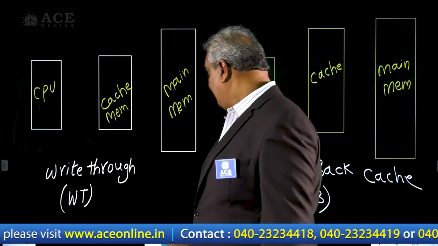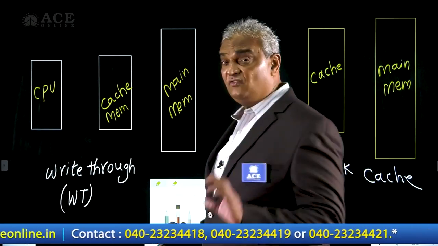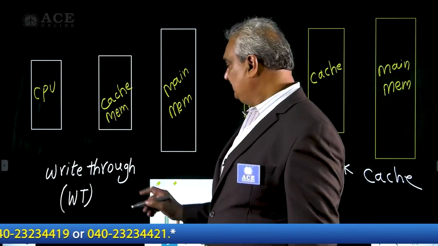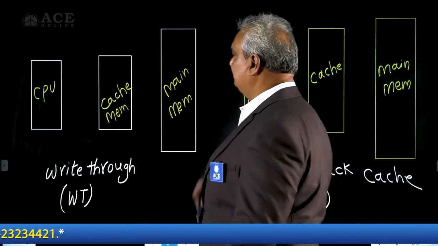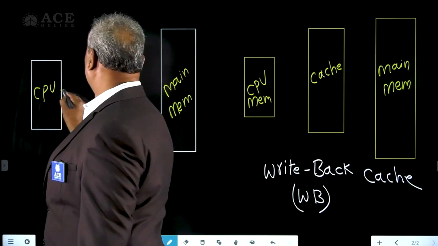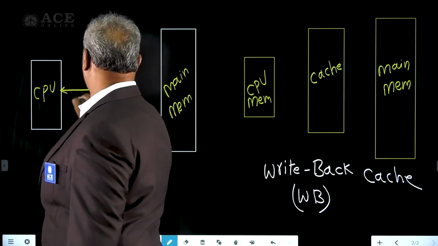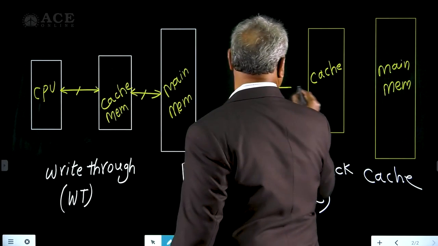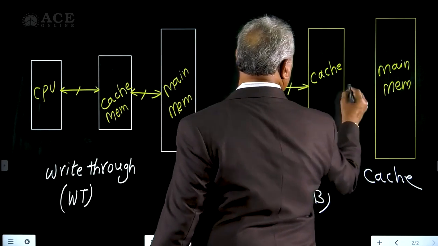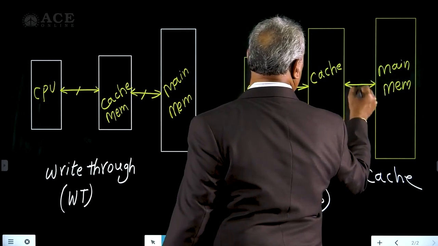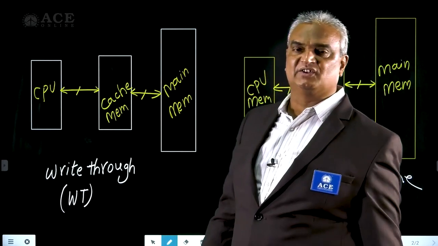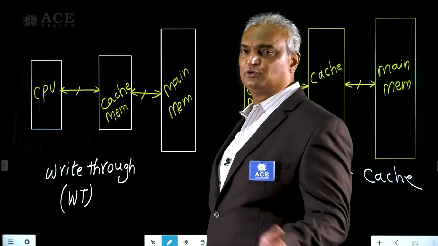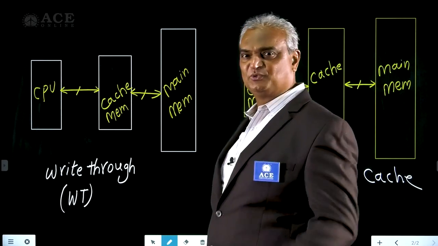First, let us understand the nature of operation of write through and write back. These are nothing but the data lines. Data is transferred from one level of memory to another, or from processor to memory, with the help of the data bus only.